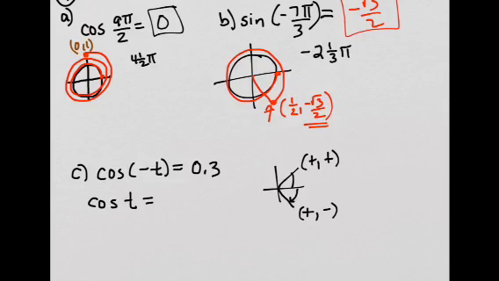So notice how the x is positive in both. Doesn't matter if your angle is positive or negative, the x coordinate has the same sign. So cosine of negative t is equal to cosine of t. So cosine of negative t is 0.3, so then this is also going to be 0.3. And again, this is just one example. We'll do more in class, and I'll go over this concept in class.